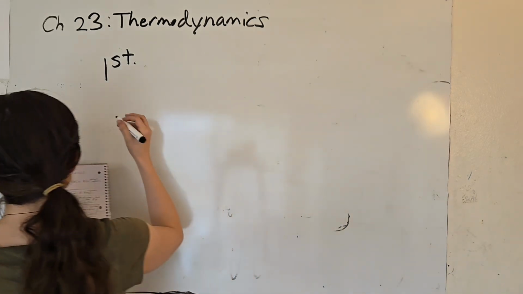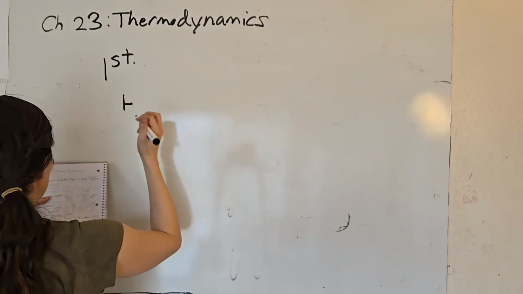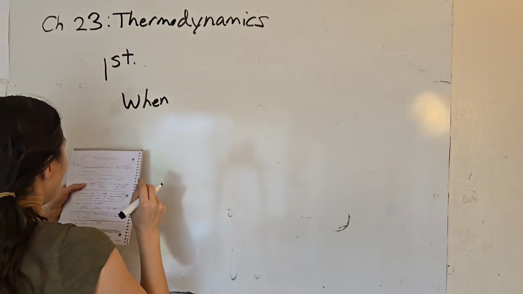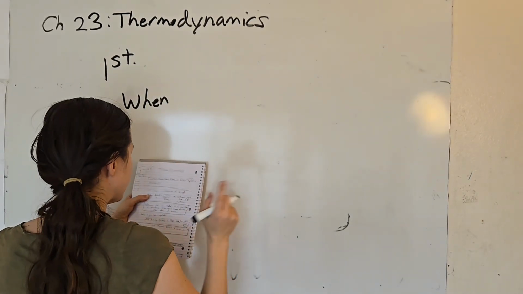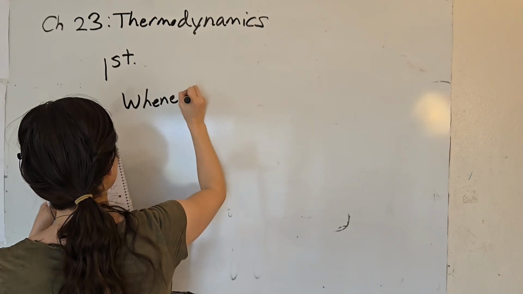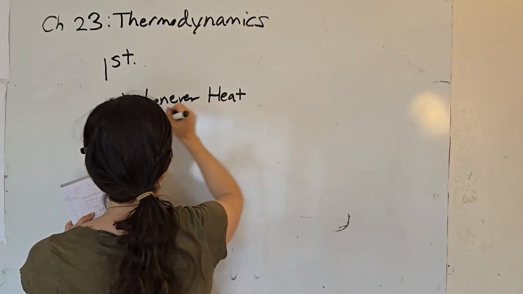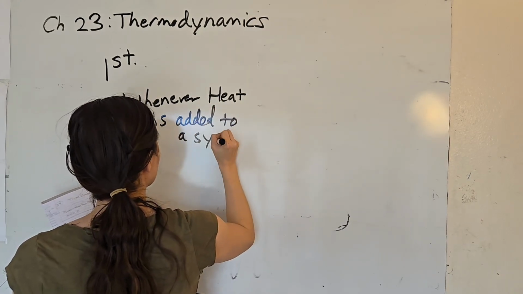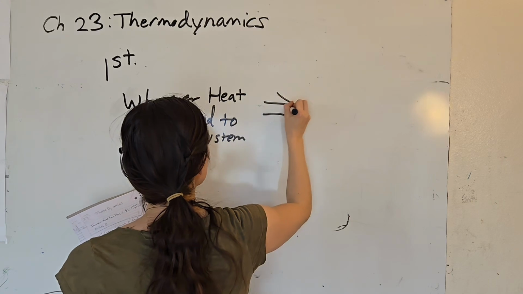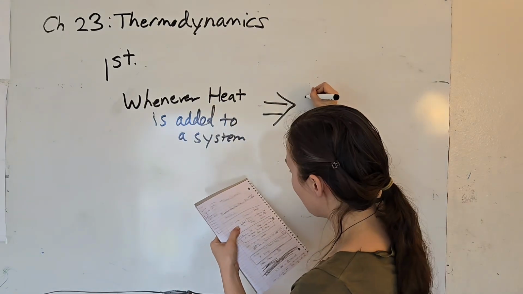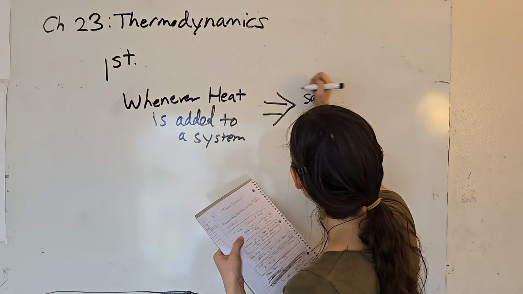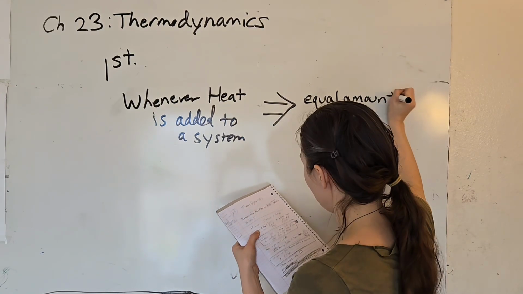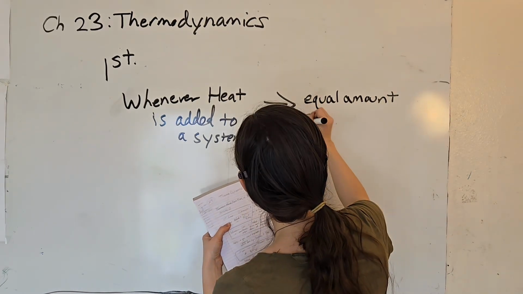So the first law of thermodynamics is basically that whenever heat is added to a system, it is transformed into an equal amount of some other form of energy.